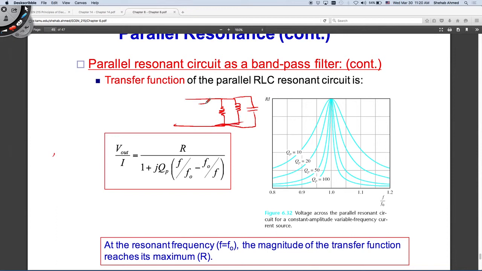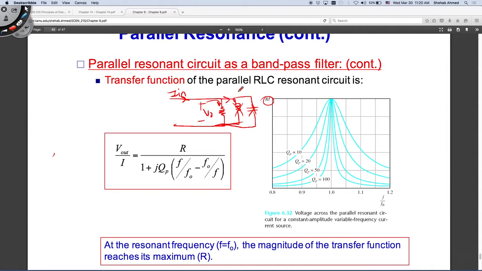So this is V output, and this is I input. V output is equal to R times the current that's in the resistive branch. And at resonance, these two will cancel the effect of each other out, meaning there will be no current coming from the source to these.